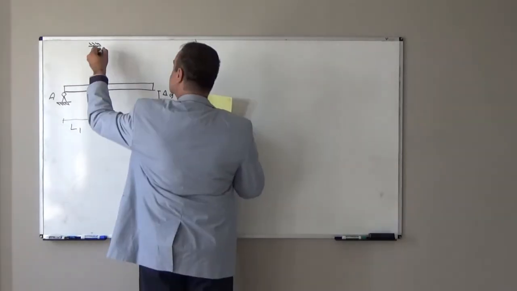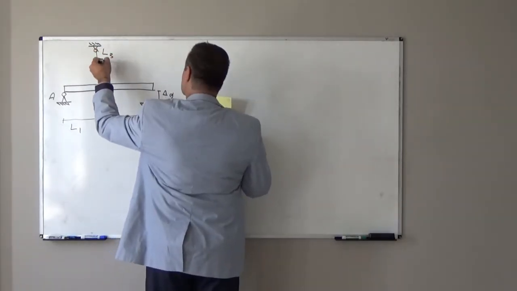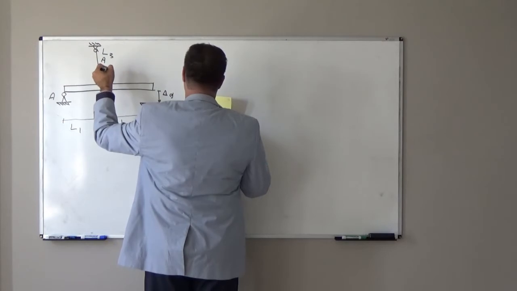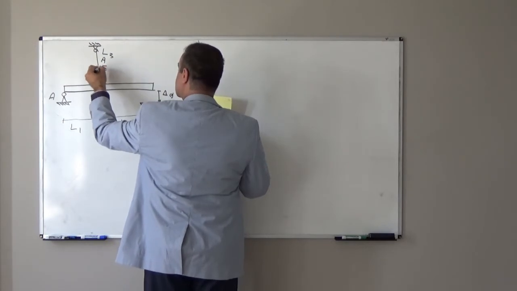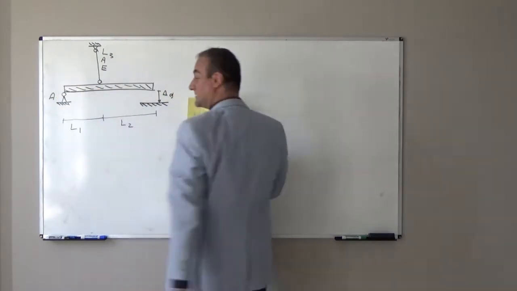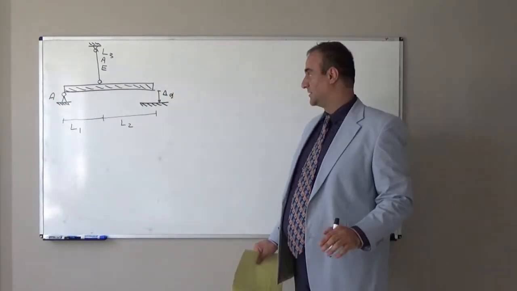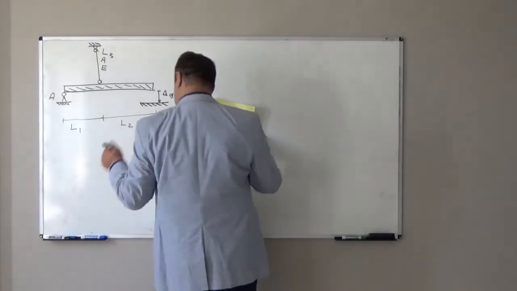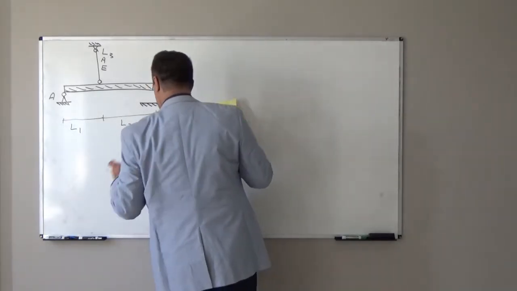The length of this rod is L3. Cross-sectional area is A. Young's modulus is E. And this is a rigid beam. Initially, this is horizontal, a level beam. Then we apply one external load here.